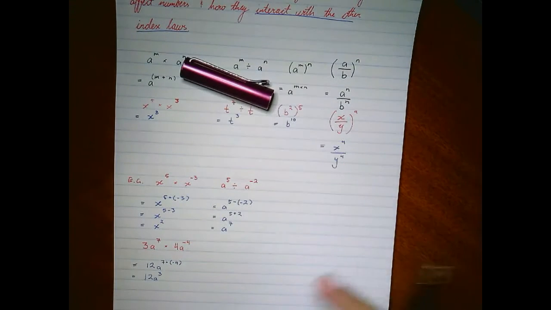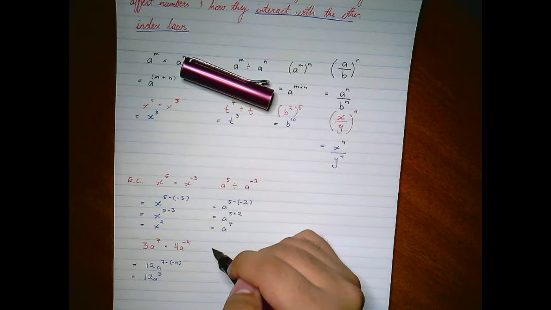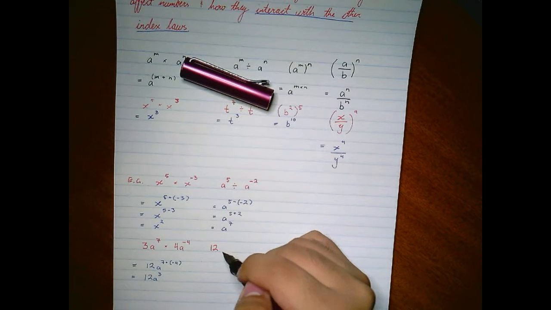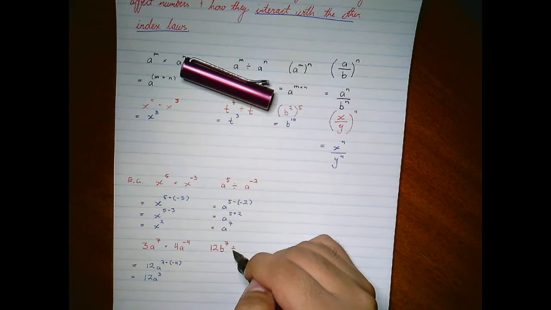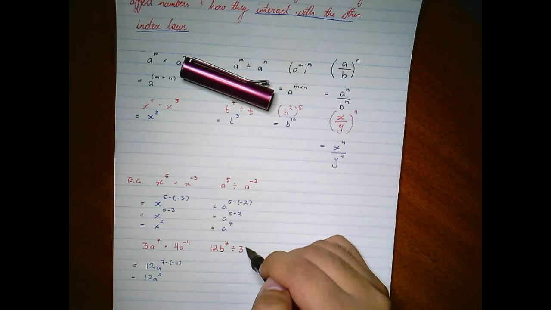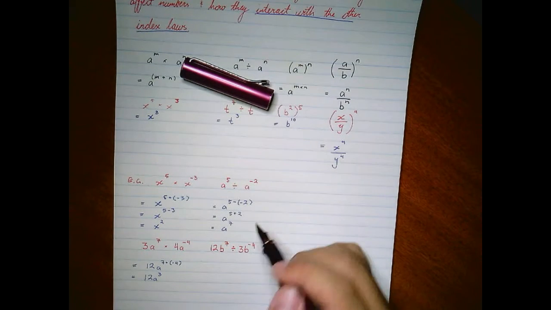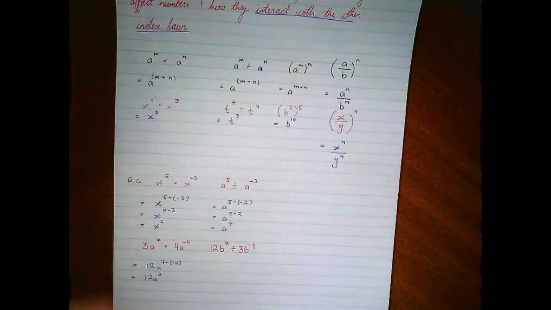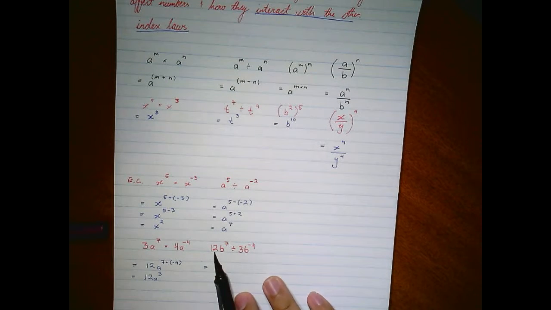Okay, now let's go straight to a much harder example. So we'll do 12b to the power of 7 divided by 3b to the power of -4. Same thing, or similar thing I mean. We do the numbers divided by the numbers.